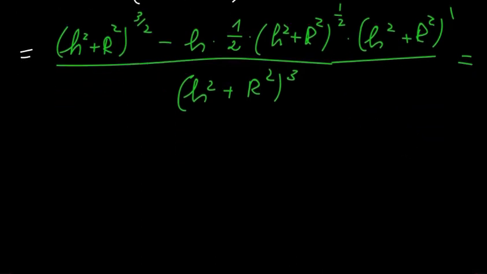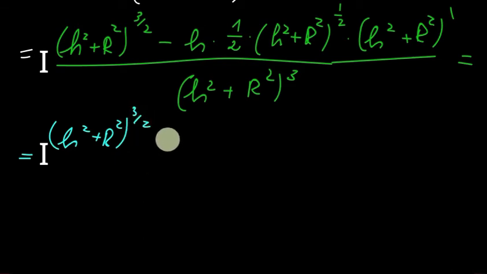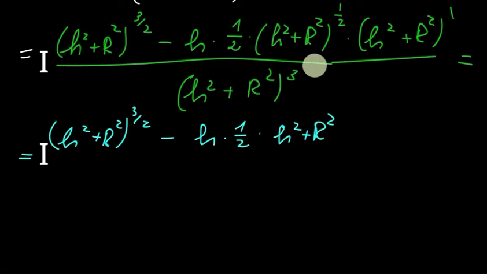Let's continue. We get that this is equal to h squared plus r squared to the power of 3/2, minus h times 1/2 times h squared plus r squared, times this, so we can apply some rule here.